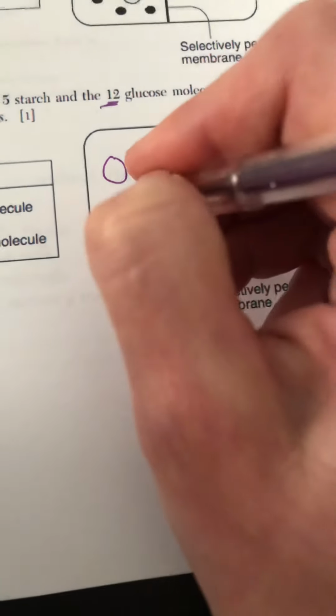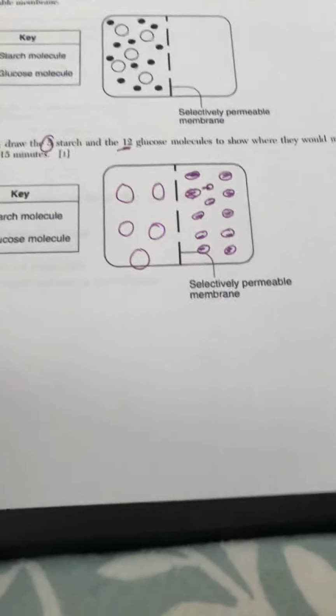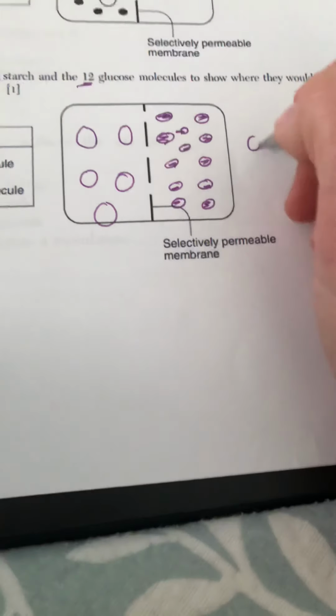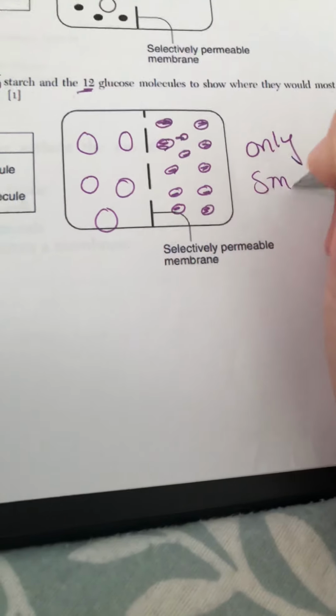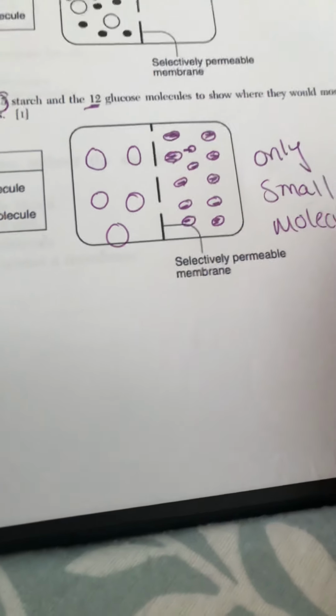They are going to stay, 1, 2, 3, 4, 5 of them. They cannot cross the membrane. Only small molecules cross the selective membrane.